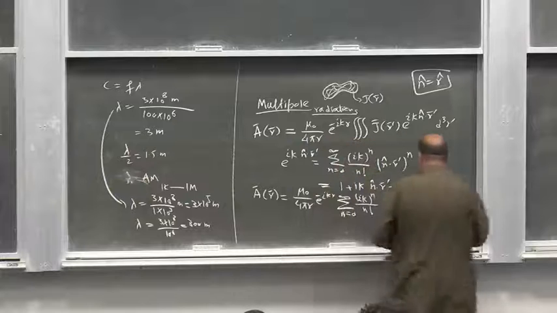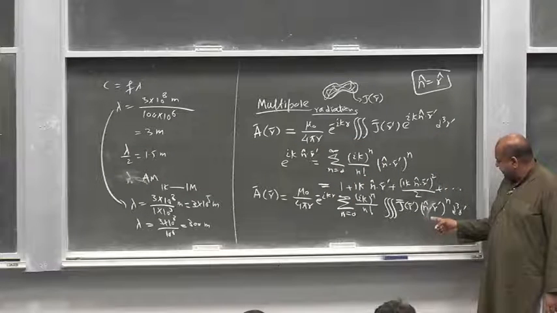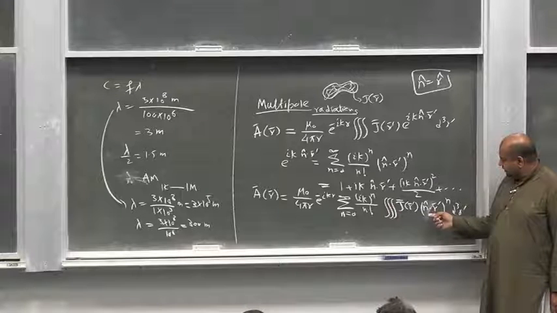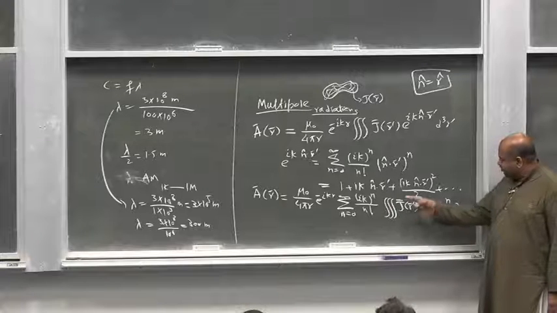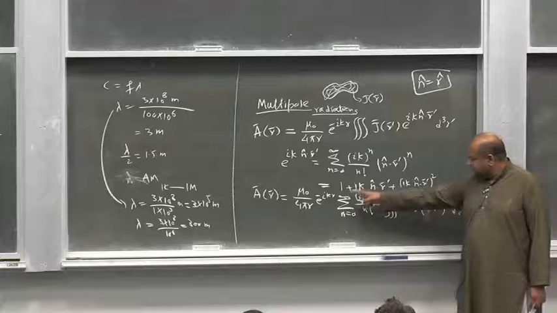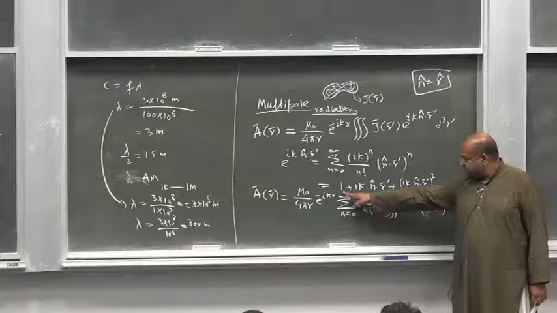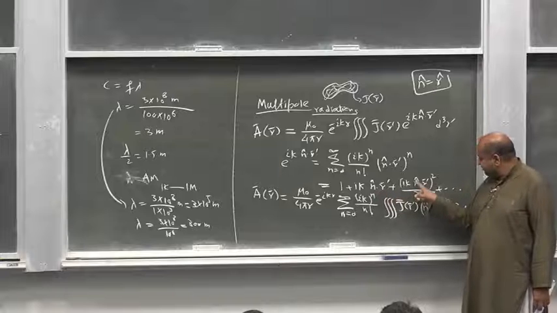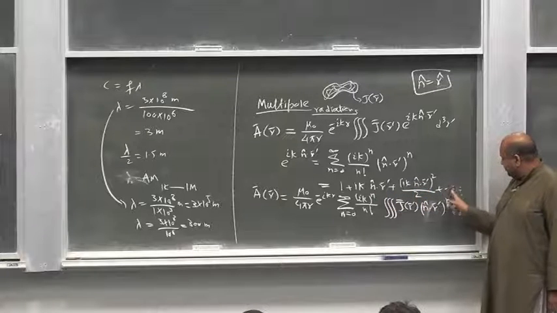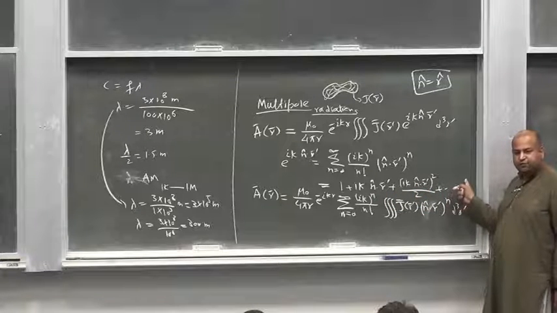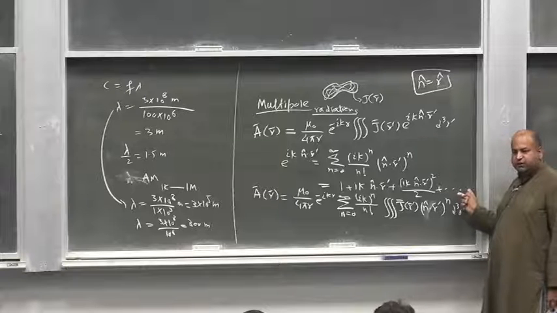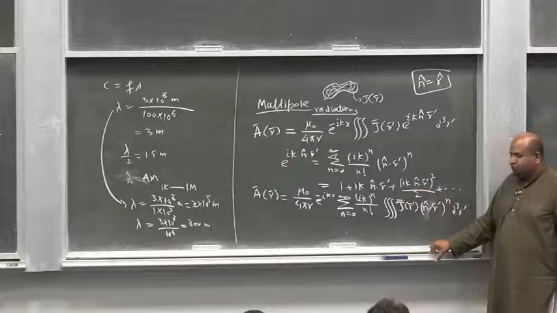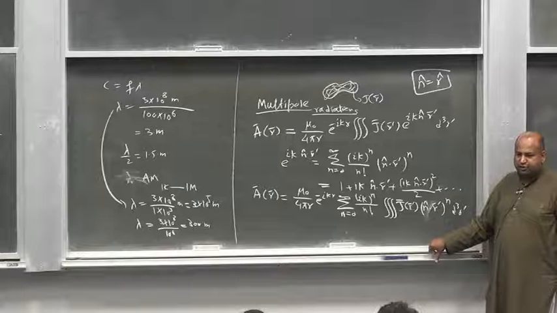But you see that as n increases, the terms decay as 1 over n factorial. For example, this term is proportional to 1. This is proportional to still 1, but this is 1 over 2. The next term would be 1 over 6. The next term would be 1 over 4 factorial, and so on. So the contribution of each term keeps decreasing.